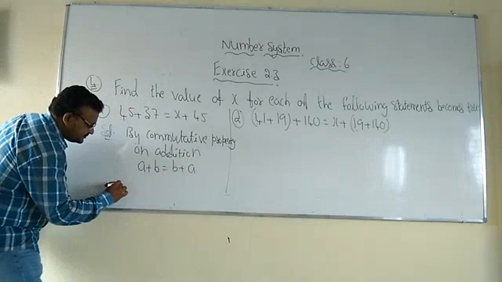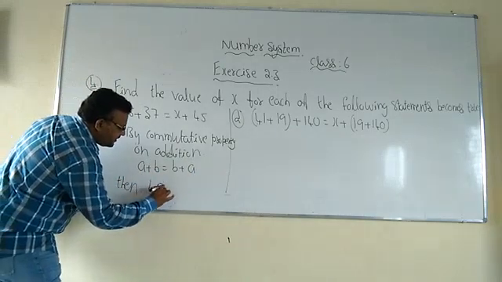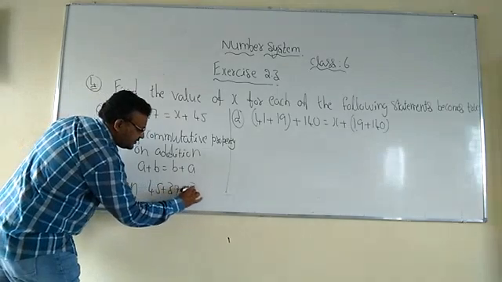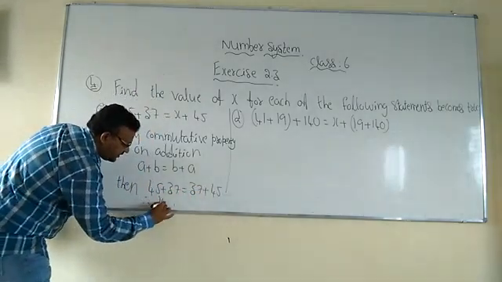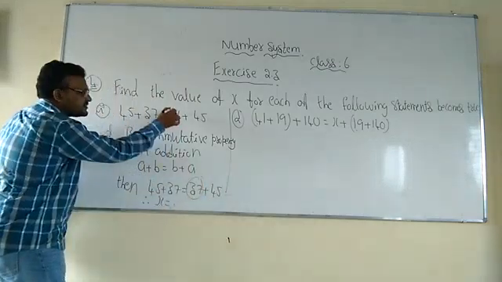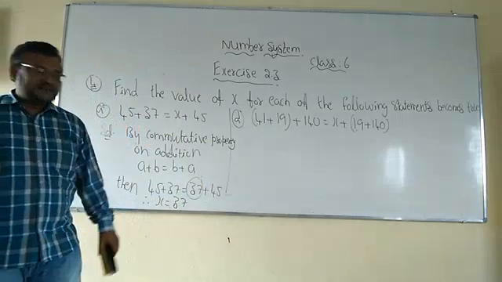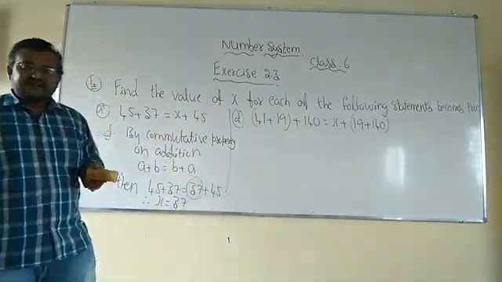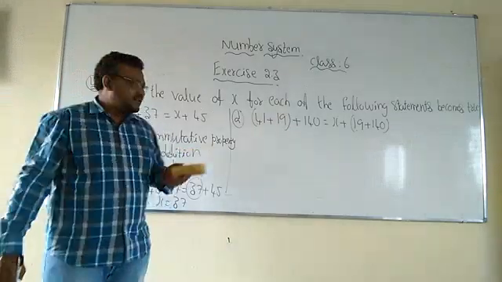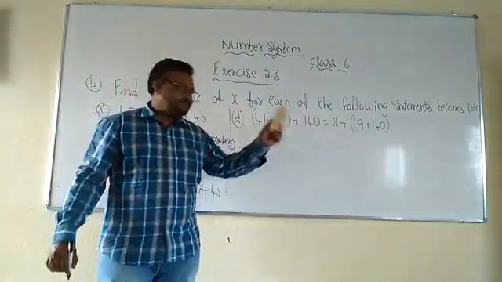That means 45 plus 37 is equal to 37 plus 45. Therefore, x is equal to 37. So by using the commutative property on addition, we can say the missing one is 37.